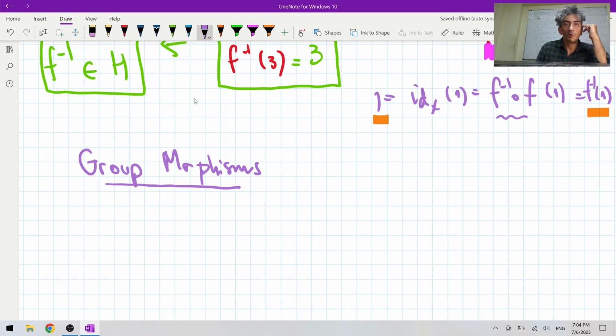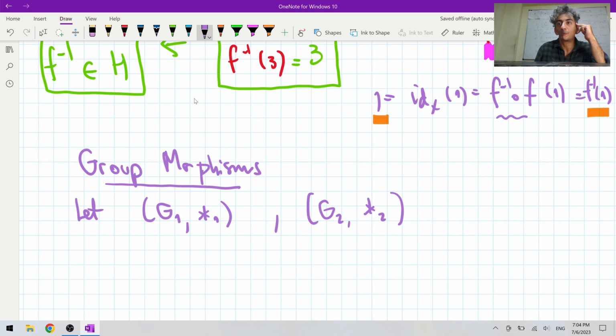So let G1 with star 1 operation and G2 with star 2 operation be two groups.